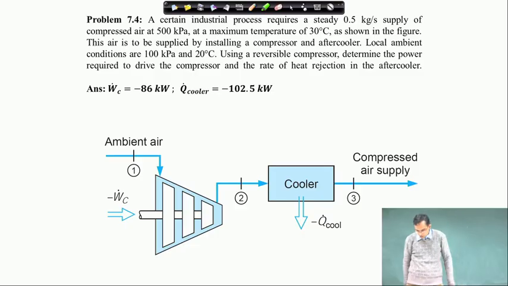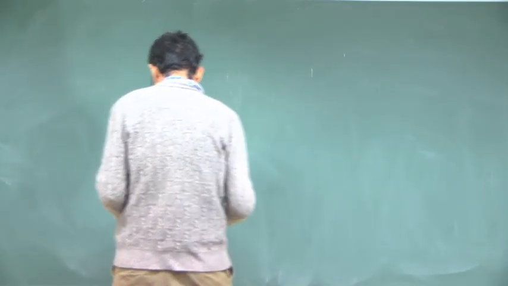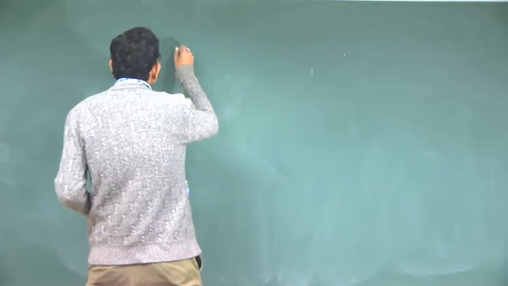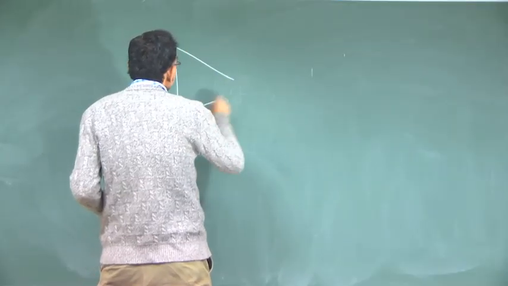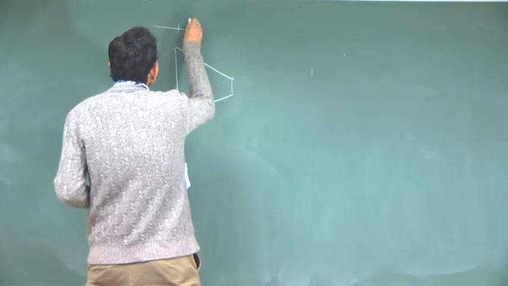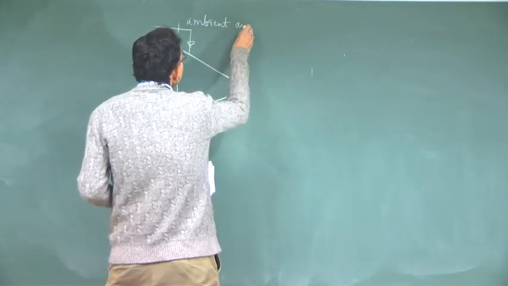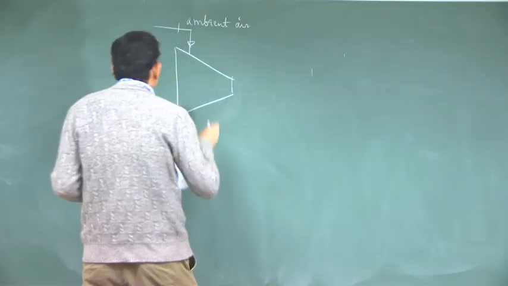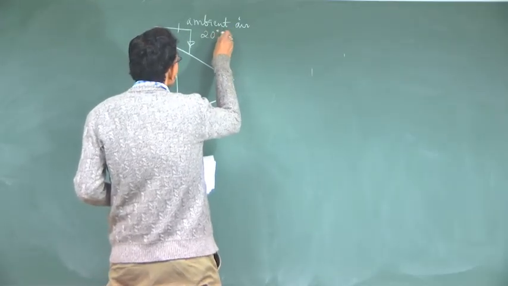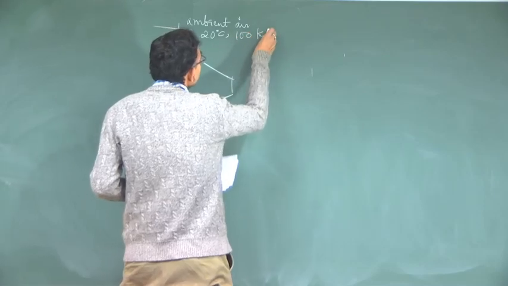Okay. So, let us draw a schematic. This is a compressor, this is ambient air, 20 centigrade, 100 kilopascal.